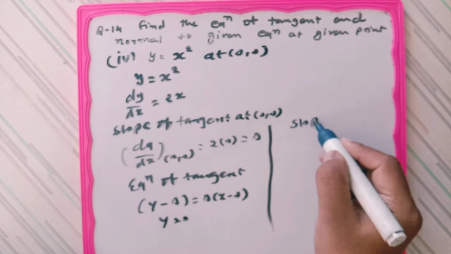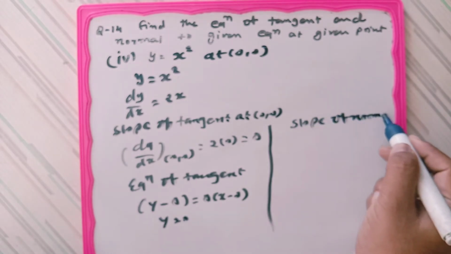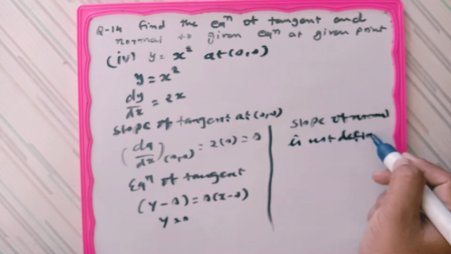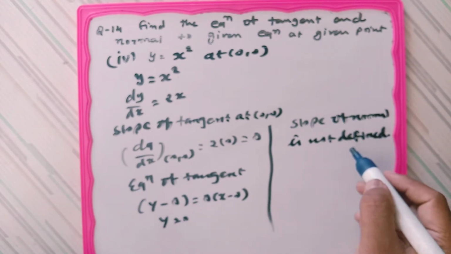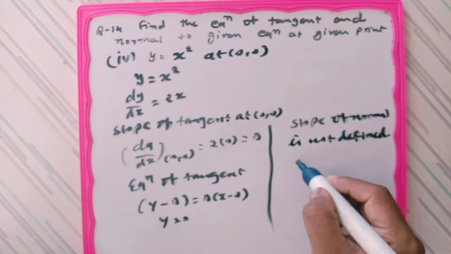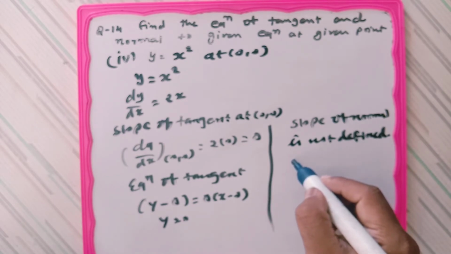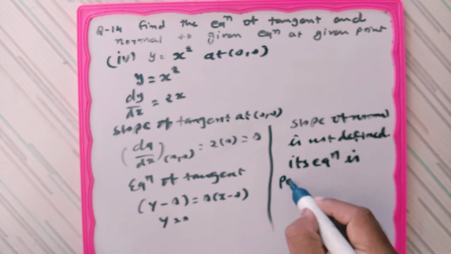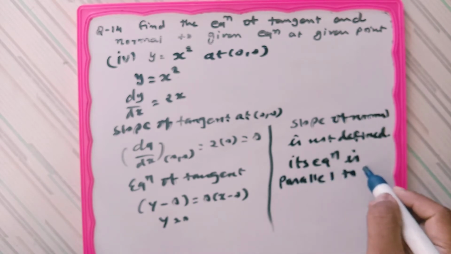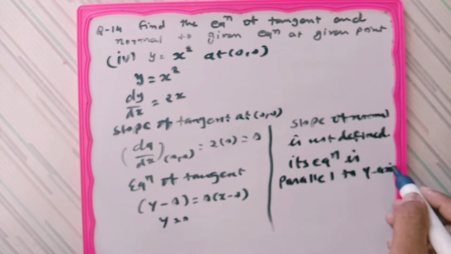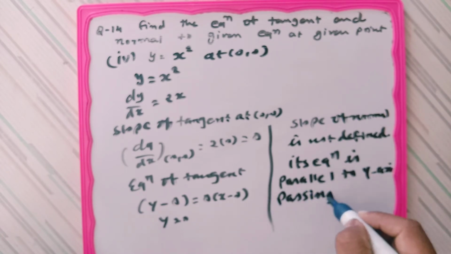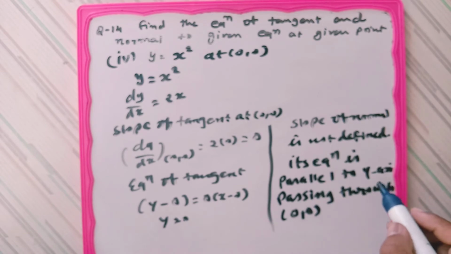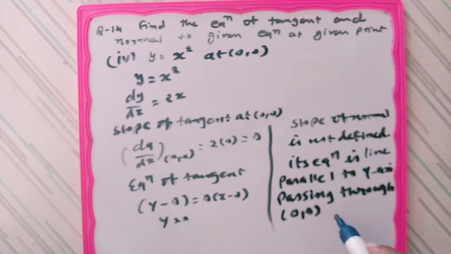Now the slope of normal is not defined, and therefore its equation is a line parallel to the y-axis passing through (0, 0).